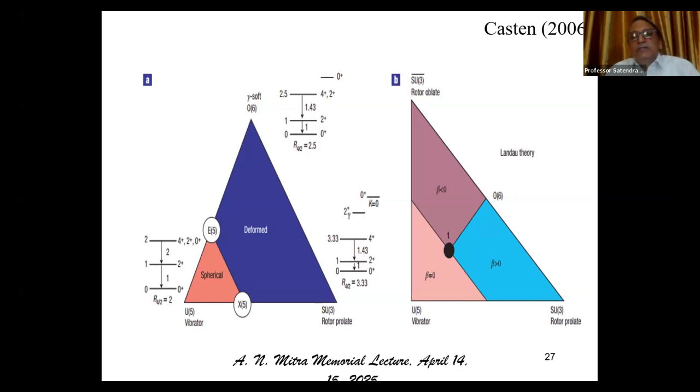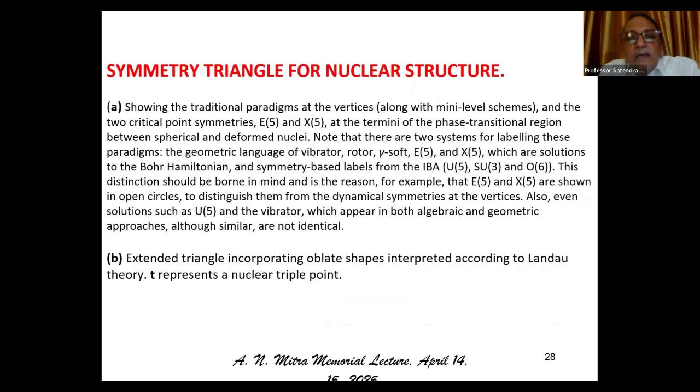On the right-hand side, it is correlated with the Landau theory for rotational ones. Here U5 is the vibrator, and you have rotational prolate and oblate. So this O6 is on the transition from SU3 rotor prolate to SU3 rotor oblate. T represents the triple point.